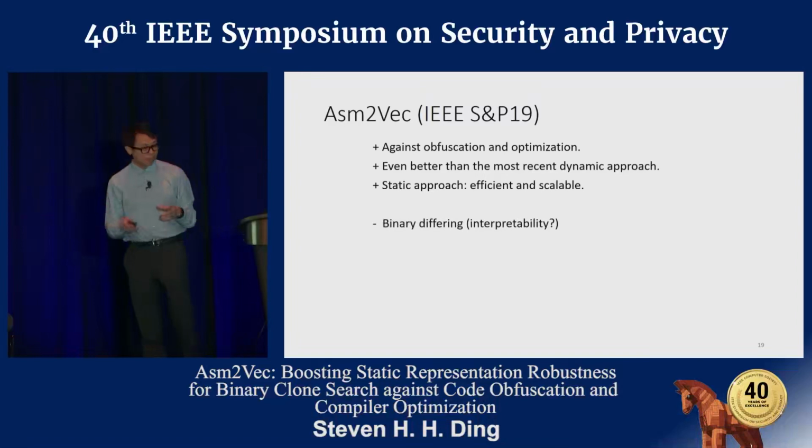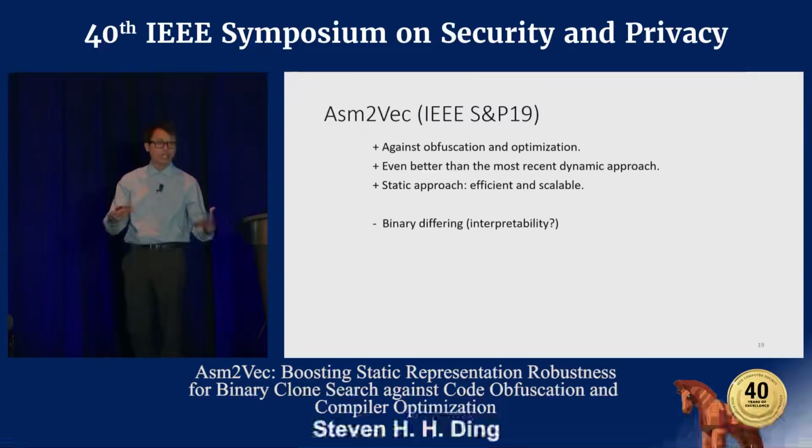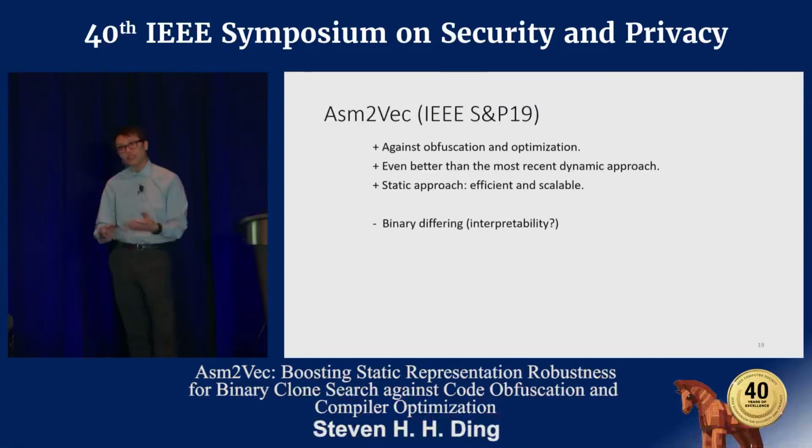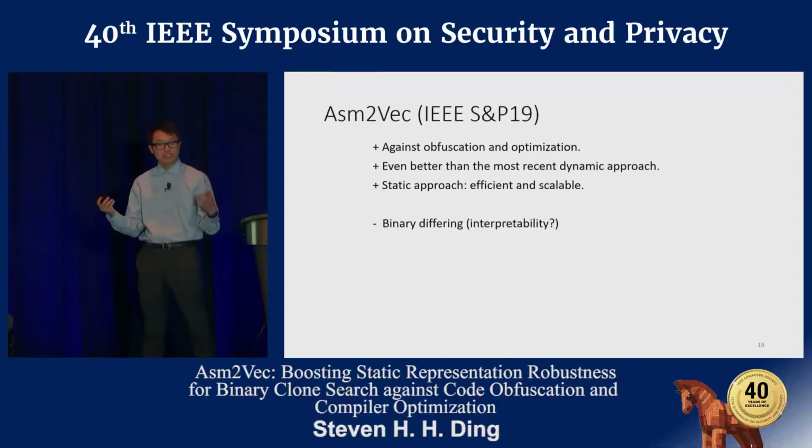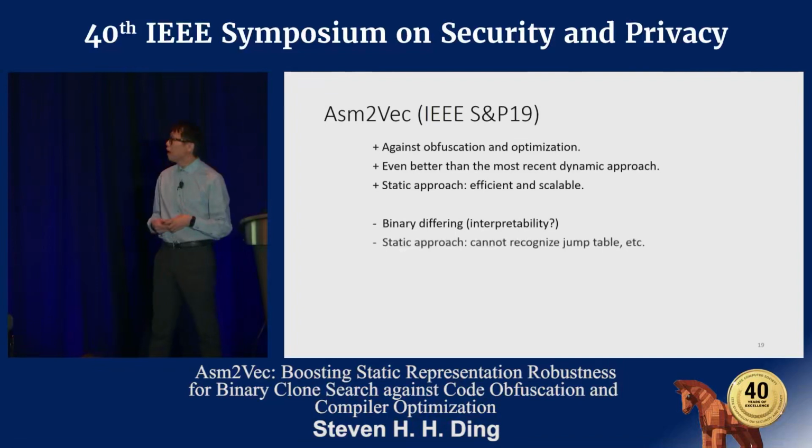But the problem is that when we present a clone, because it's a vector representation, it's very difficult to explain to the end user, to the reverse engineer, why exactly these two functions are considered a clone, unlike in the other subgraph-based clone search methods. But after obfuscation, the graph boundary is broken anyway, so the concept of a subgraph is no longer valid.